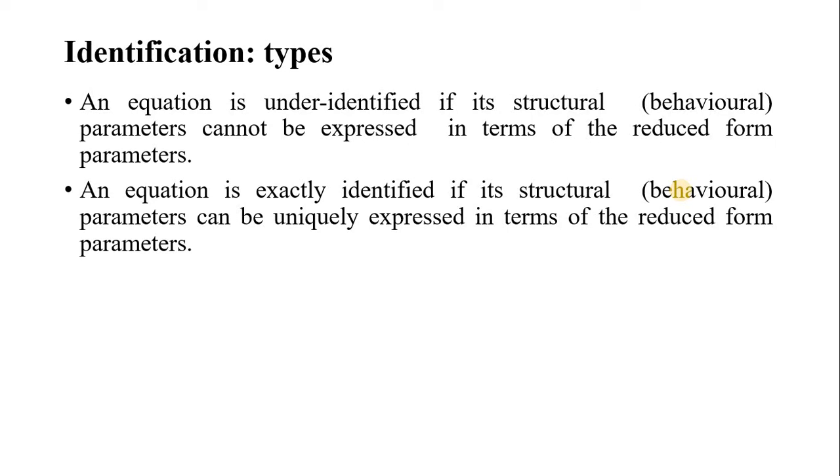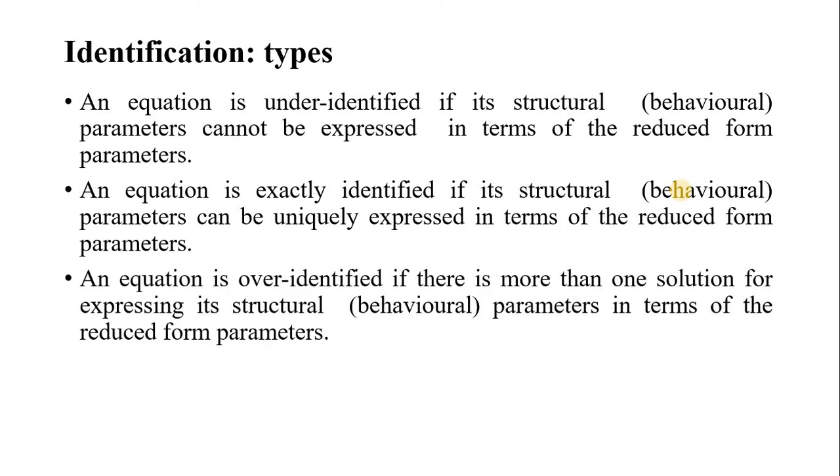Sometimes an equation can be over identified. This is the case when we have more than one solution for expressing the structural parameters in terms of the reduced form parameters. For example, we have five equations and only three structural parameters to be estimated, so we have multiple solutions. This is the case of an over identified equation.